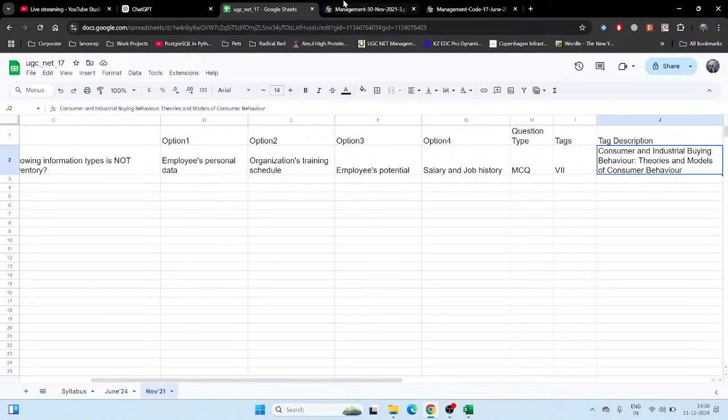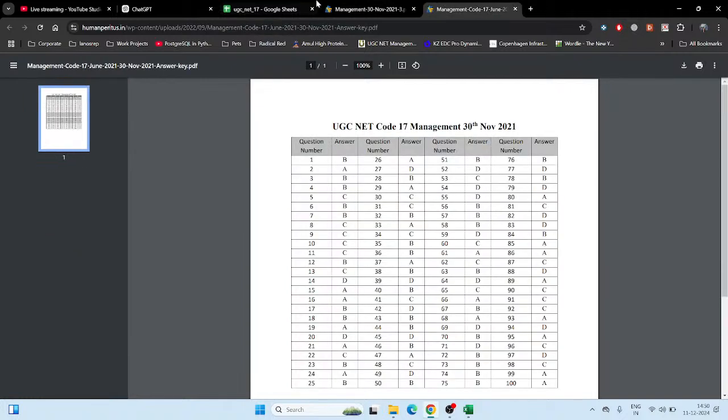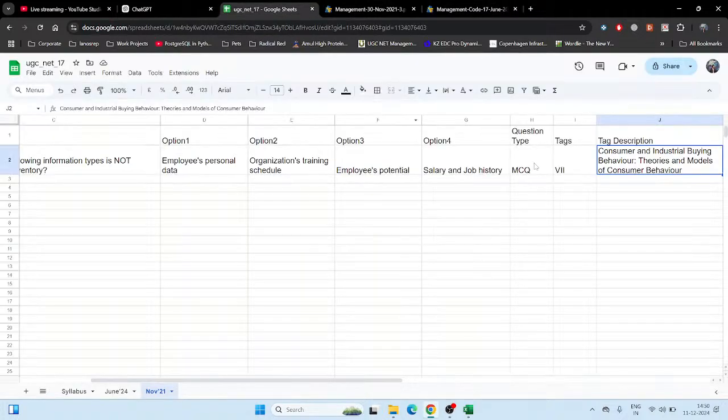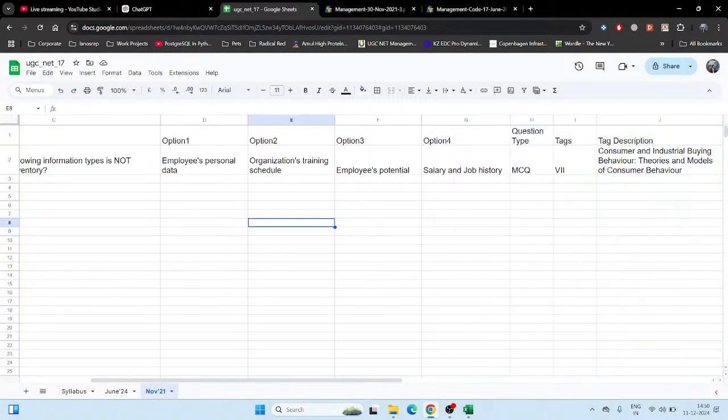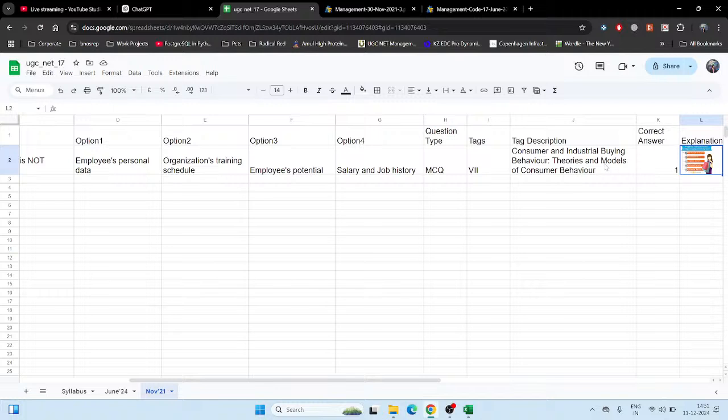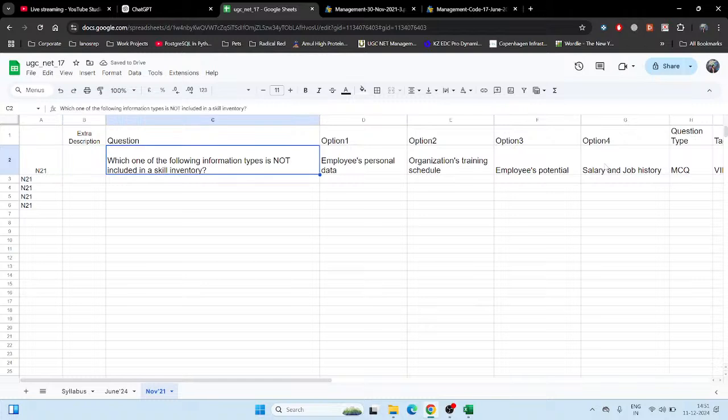We'll see the tags later. 1B. Which one of the following information?